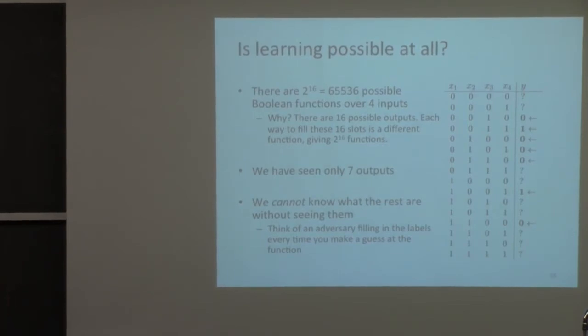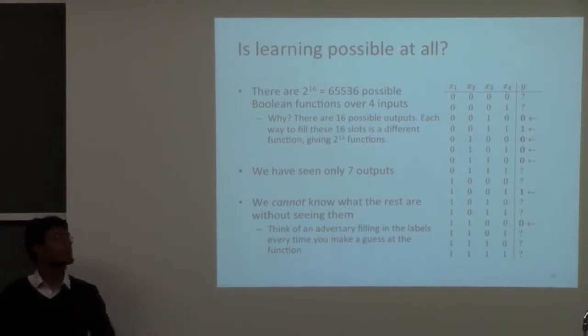So that means all those examples will disagree with that one function. But I'm going to then give you one example, one of those, and then make you play this thing again. And then you'll give me another function, and I'll make sure that all the other bits don't agree with that other function that you're giving. Effectively, if the teacher is adversarial, learning is impossible because every time the learner makes a guess of a function, the adversarial teacher will change the function.